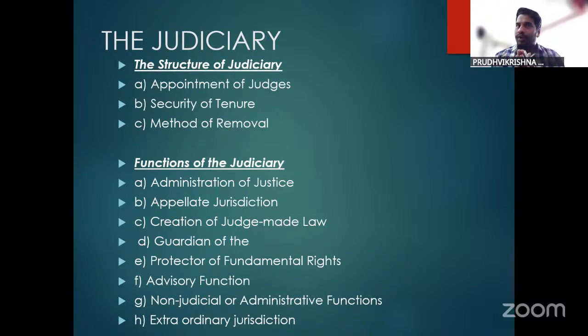These are the important functions of the executive. In the executive we also have the political executive and the permanent executive. We have learned about it. Permanent executive means civil servants, and political executive means the politicians, who serve a term of 5 years.